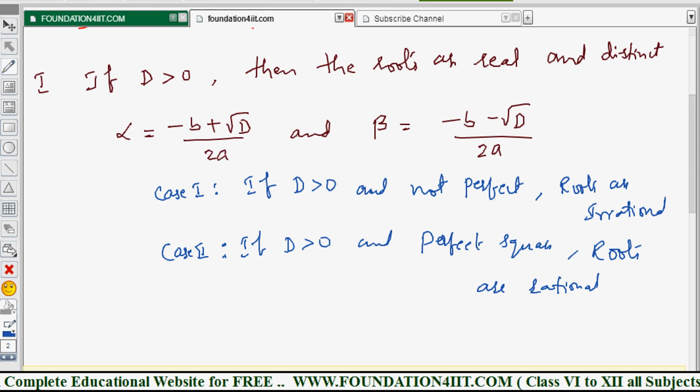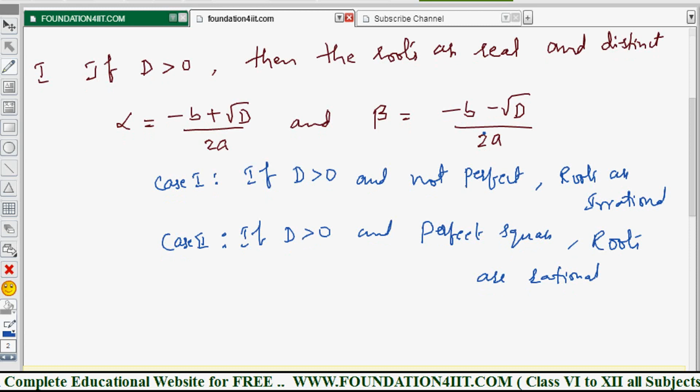Let's see only the properties first. These are the two cases. If the d value is greater than 0 and it is not a perfect square, you get irrational numbers. If it is greater than 0 and it is a perfect square, roots are rational numbers. If the d value is 49, then root 49 is 7, right? We can write it that way.